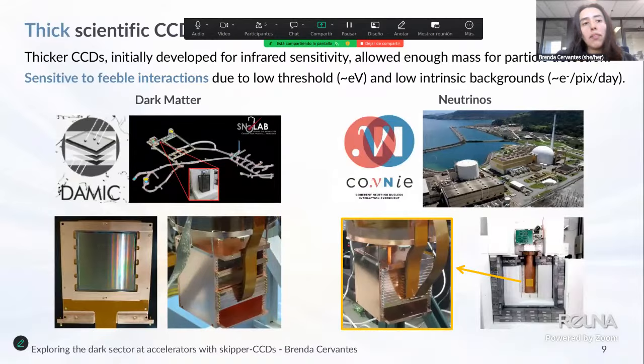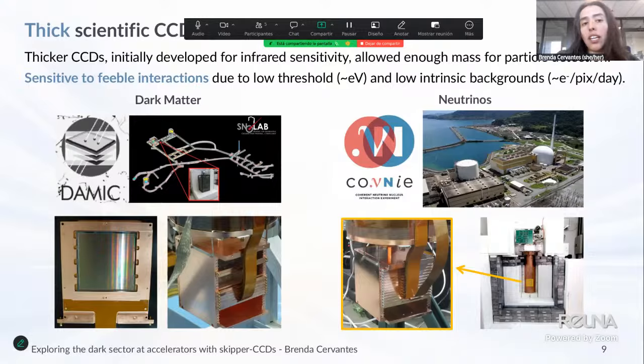With the development of thicker CCDs in the astronomical field to increase the sensitivity to infrared, we were able to achieve enough mass to be competitive for particle detection. I am highlighting here two of the experiments that were pioneering the use of these devices for studying different particles.